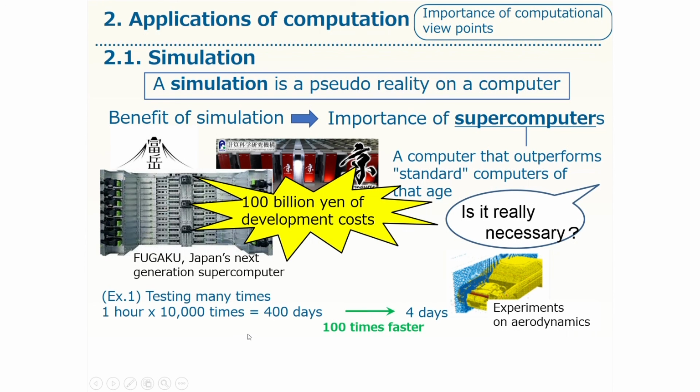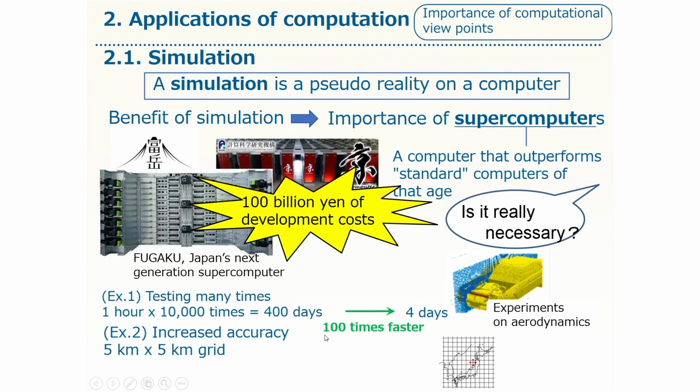However, if the supercomputer becomes 100 times faster, then you can shorten that experiment from 400 days to just 4 days. That is to say, what would have taken you over 1 year to conduct a wind tunnel experiment can now be complete in just 4 days. That means when you design a car, you will be able to try out many new designs over and over again.